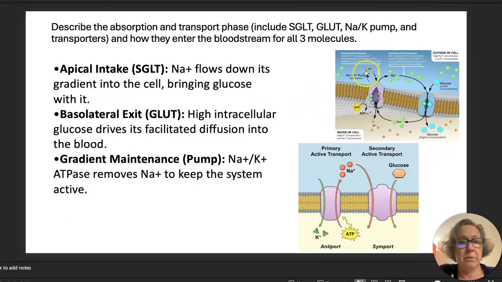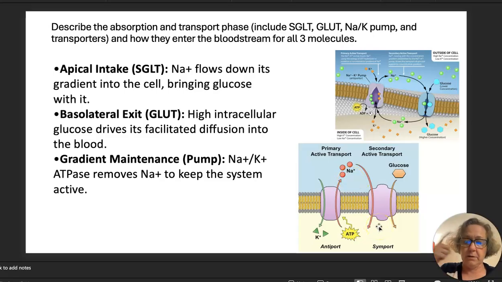Okay, but now remember, here's SGLT, sodium glucose transport. The sodium flows down. Okay, that is a symporter because both of them are coming in together. Glucose, sodium, this is a symporter. The sodium flows down its gradient into the cell and it brings glucose with it.